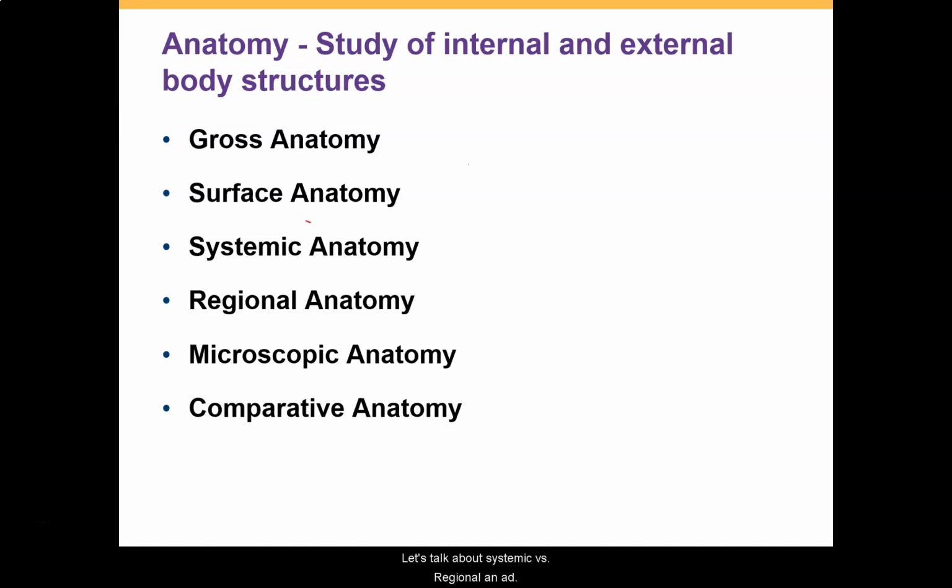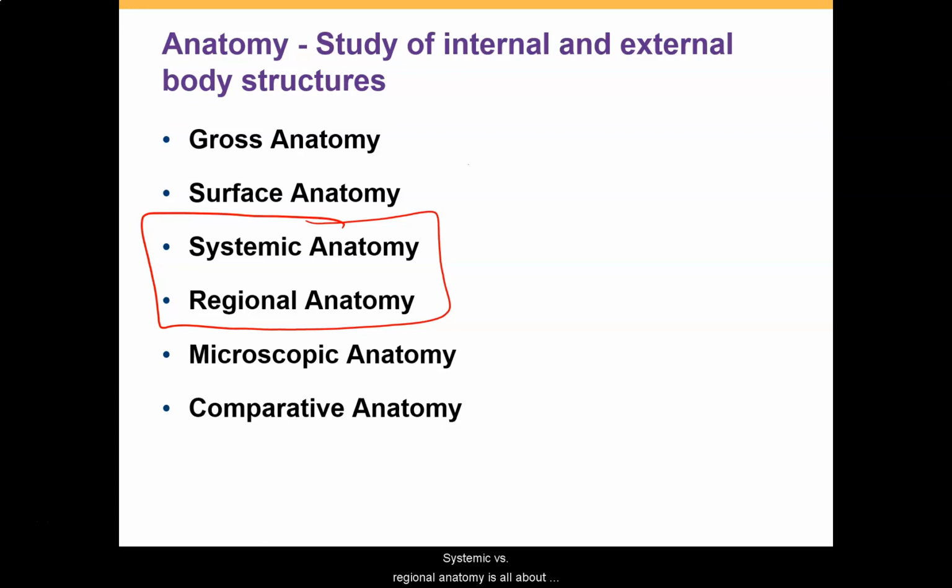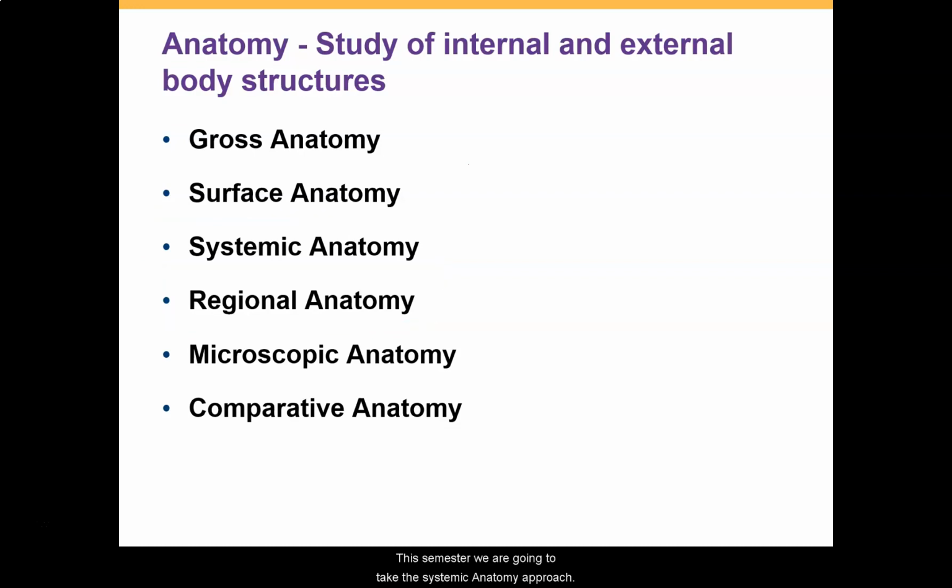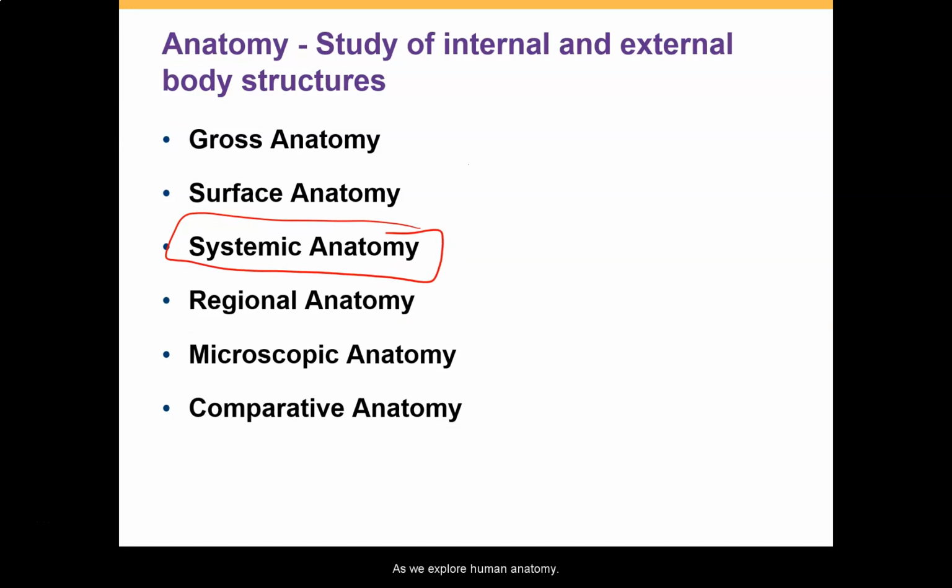Let's talk about systemic versus regional anatomy. Systemic versus regional anatomy is all about how we are going to study anatomy in a course. This semester we are going to take the systemic anatomy approach as we explore human anatomy. Systemic anatomy is all about examining one organ system at a time.